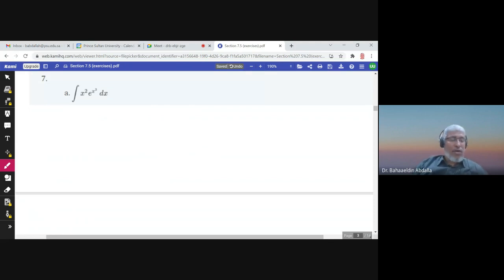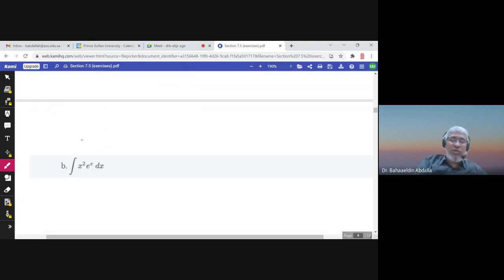Well, here I have x squared times e to the power x cubed. If you take u as x cubed, then the derivative is 3x squared dx, and I have x squared, so this would be 1 over 3 e to the power u du, and you continue easily.